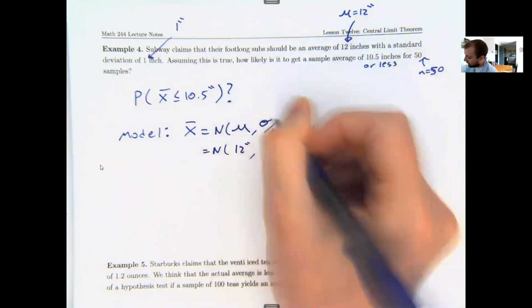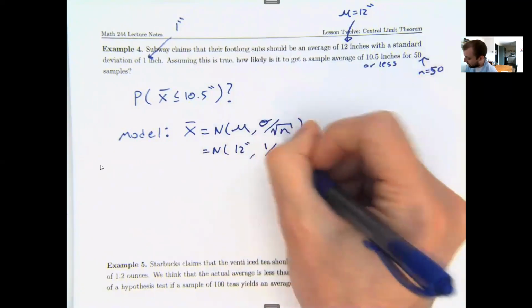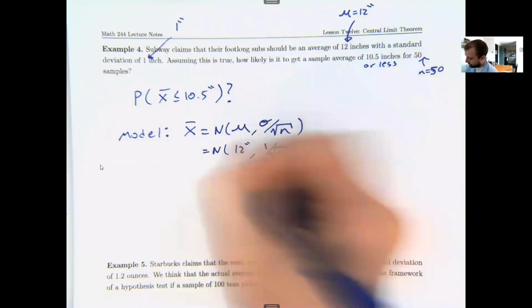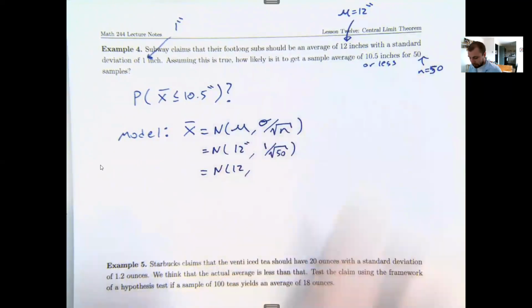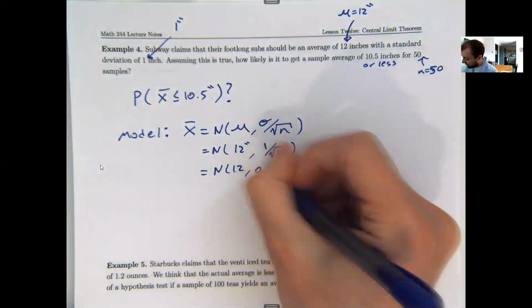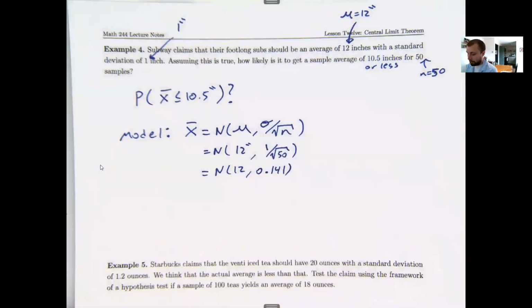My standard deviation is 1 inch. And my n is 50. Typing this standard deviation in, one sub varies quite a bit. It can vary up to 1 inch, give or take. But on average for 50, it should vary much less than that. So I have 0.141 or so.